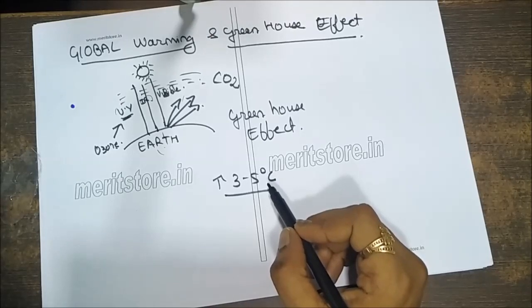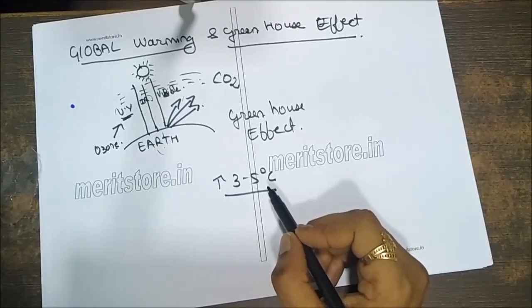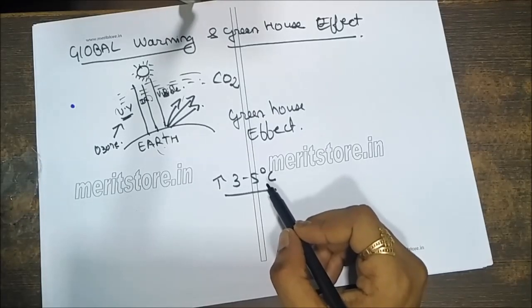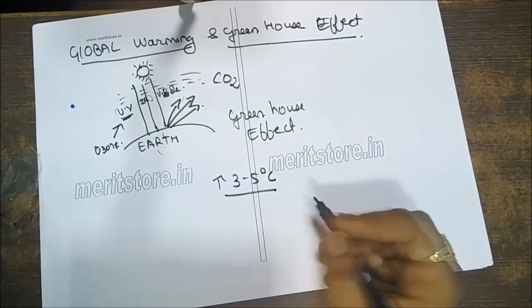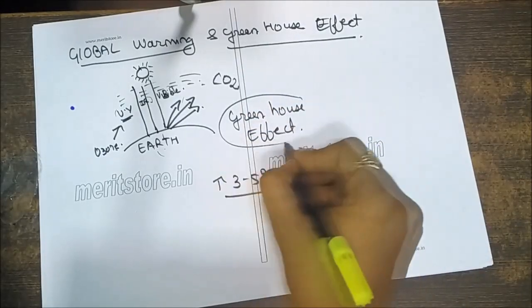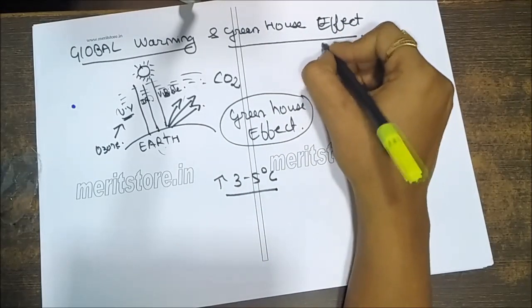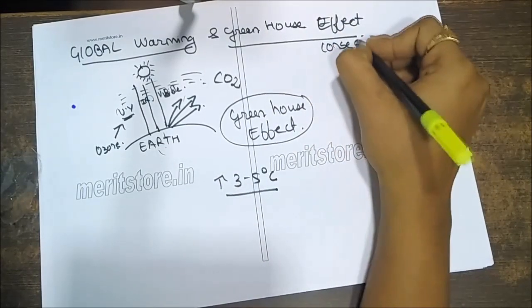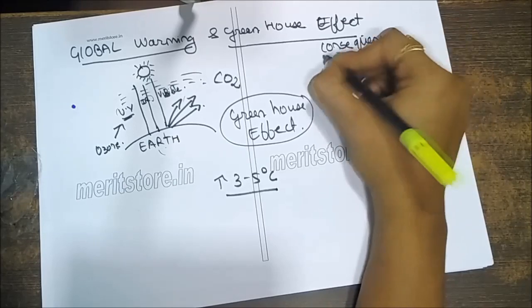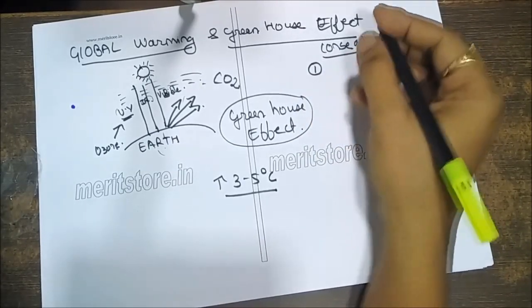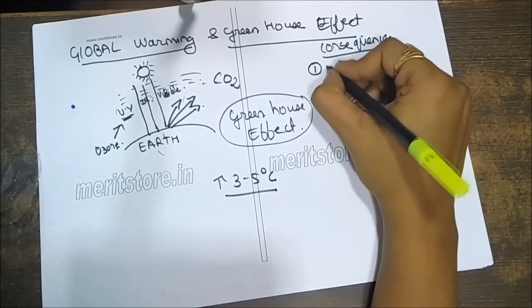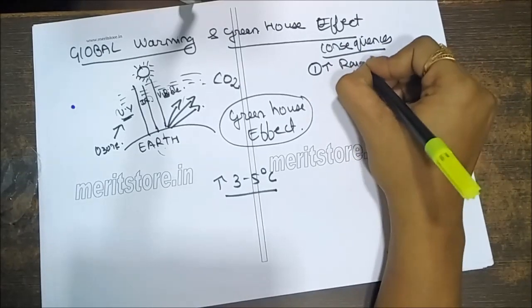Then the increase in global temperature would also cause an increase in the incidence of different types of infections like malaria, dengue, yellow fever. So some of the predicted consequences of this greenhouse effect are: there will be an increase in rainfall.